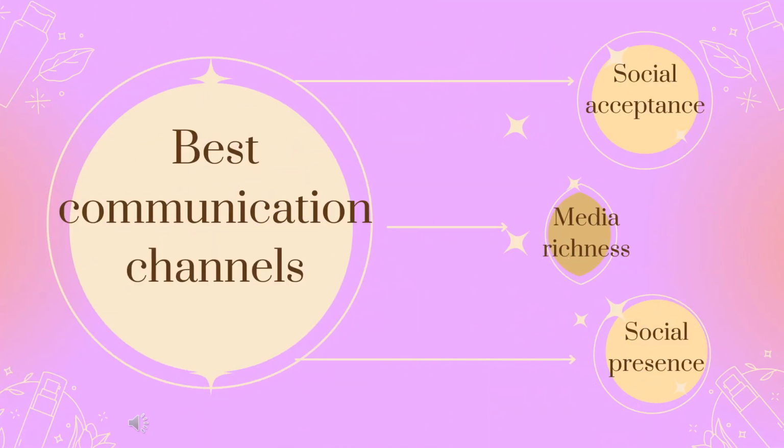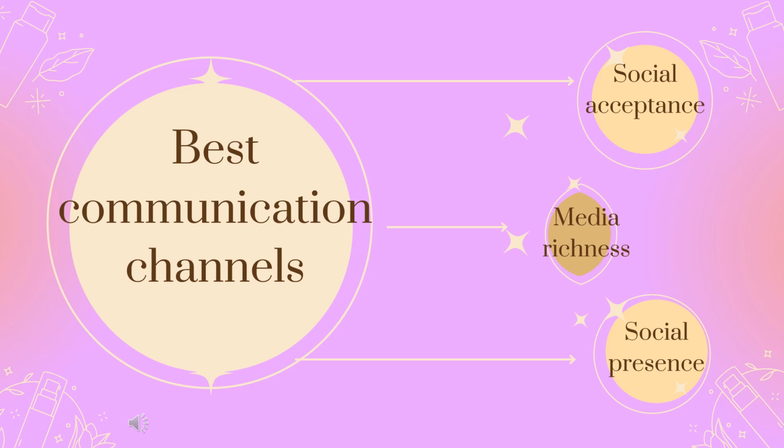Best communication channels consist of three types. First is social acceptance. Social acceptance means how good the communication channel is and whether it is supported by the organization. We must know the norms, such as which way of communication they prefer, such as messaging or telephone calls. Next is media richness.